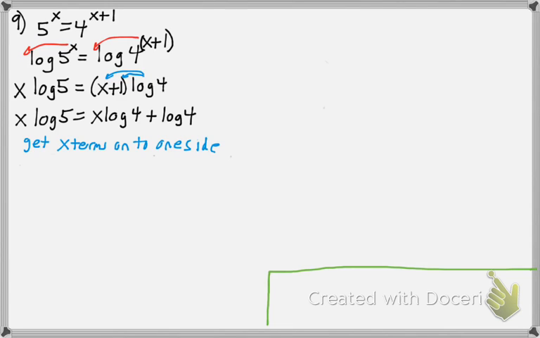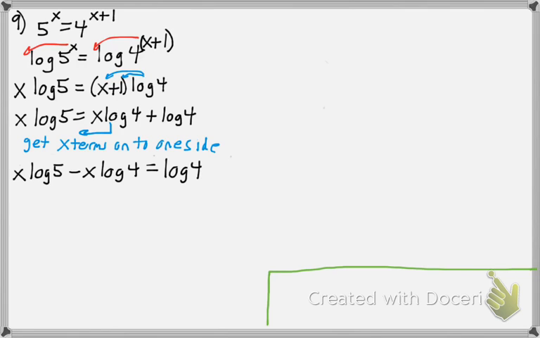So I'm going to move this term over to the left-hand side, and any term that doesn't have an x you want to have on the other side. So I have x log of 5 minus x log of 4 is equal to the log of 4 that I still had over there.